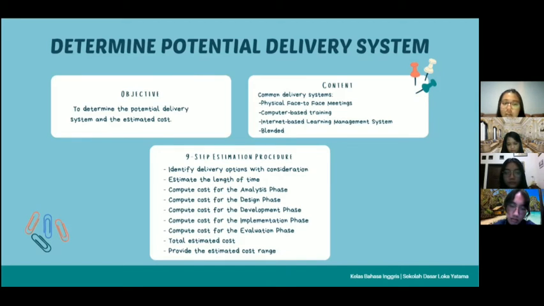The fifth is to estimate costs for the develop phase. The sixth is to estimate costs for the implement phase. The seventh is to estimate costs for the evaluate phase. The eighth is to total the estimated costs for all five ADDIE phases. And the last step is to provide an estimated cost range.